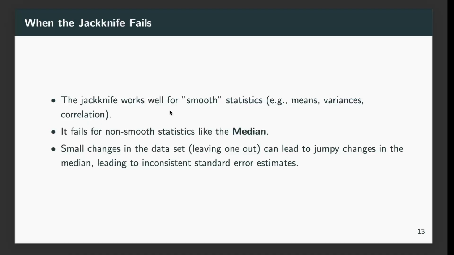So the key takeaway here is that for non-smooth statistics like the median, the quantile, and the maximum, you should use the Bootstrap instead of the Jackknife, because the Bootstrap handles non-smooth statistics much better, as it explores the full empirical distribution rather than just the n leave-one-out perturbations.